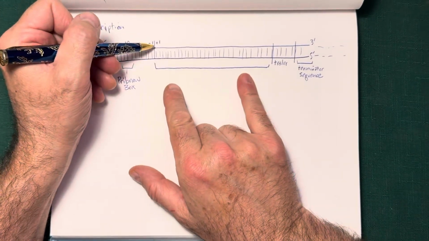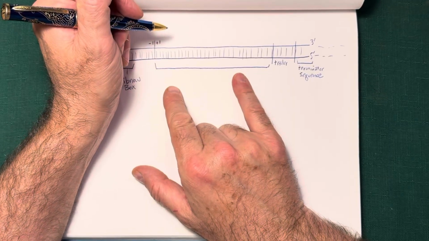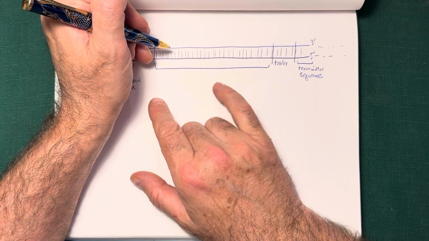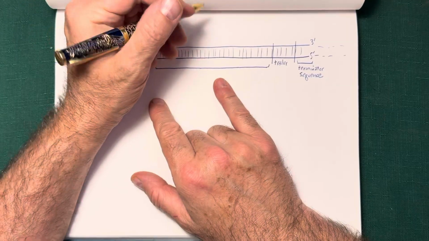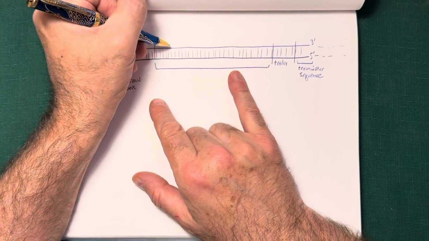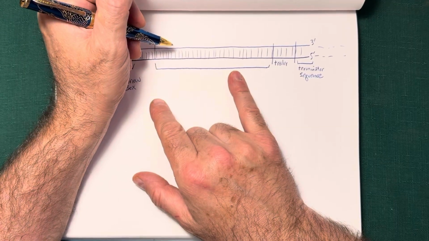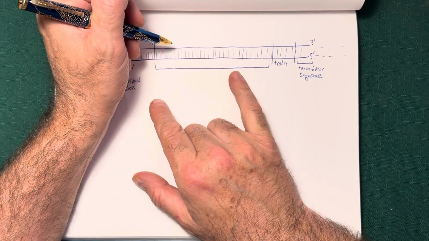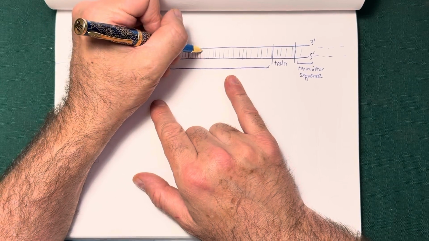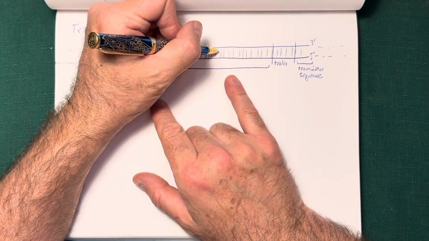So our transcription unit does start at +1, but the start codon is not going to be at +1. The start codon is going to be a few nucleotides in, because we do need a bit of a lead-in to orient the messenger RNA when it gets to the ribosome.